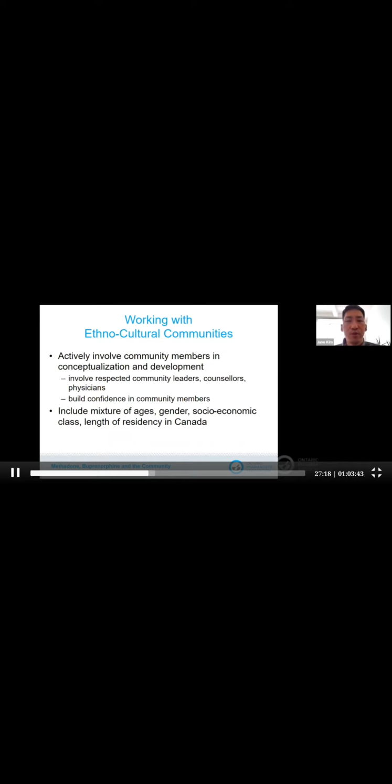Working with ethnocultural communities, we want to actively involve community members in conceptualization and development, and also make sure to include a mixture of ages, gender, socioeconomic class, and length of residency in Canada.